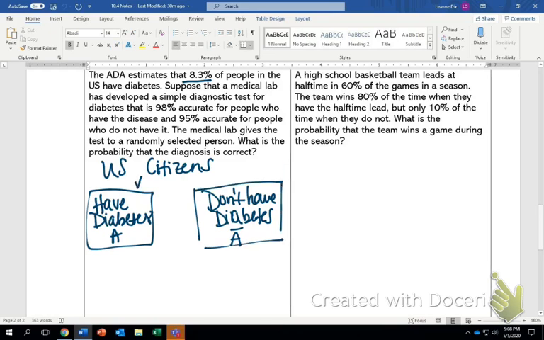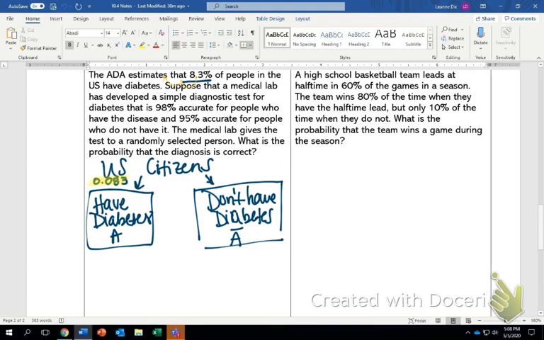So I have two options for my U.S. citizens. On those options, I'm not going to put the percentage, I'm going to put the decimal probability. So I would take my decimal and move over 2 times, and I should end up with people who do have diabetes being 0.083.